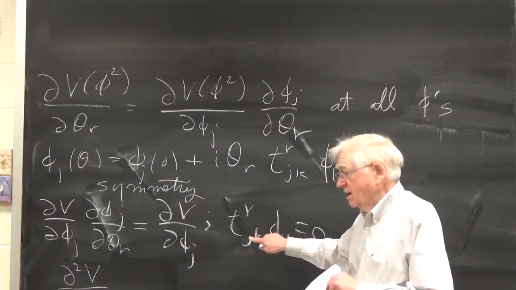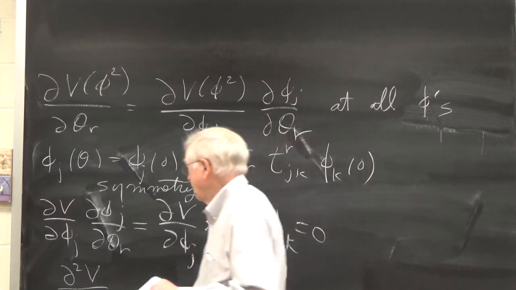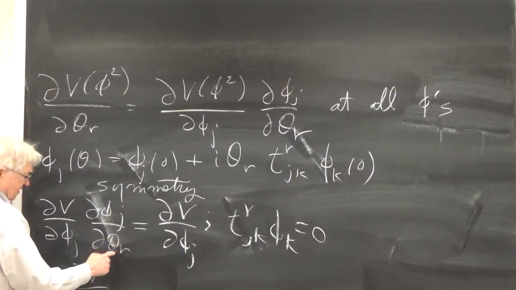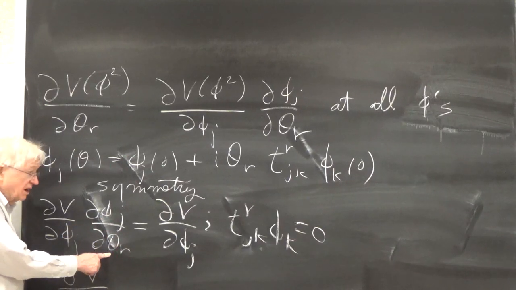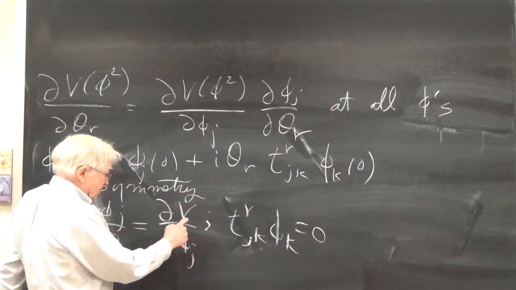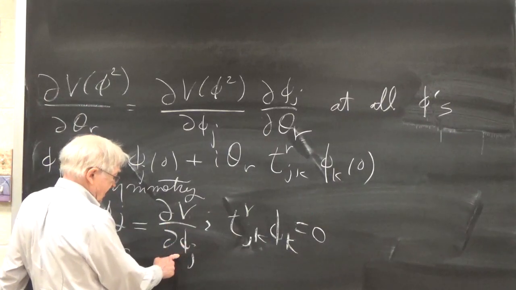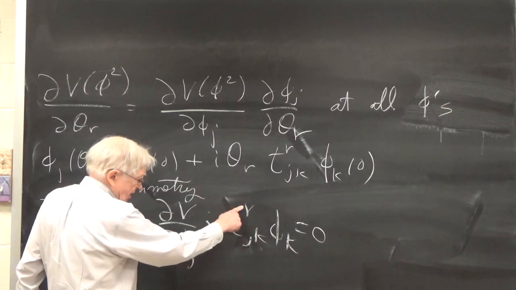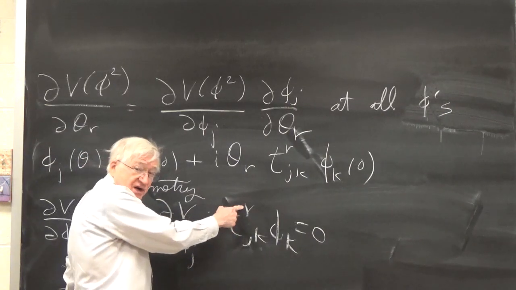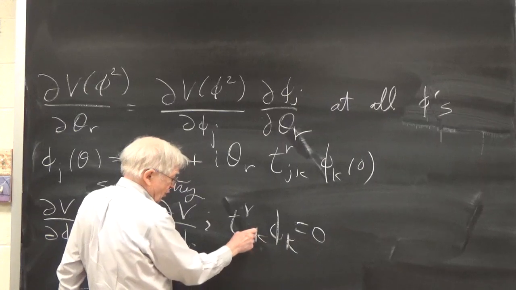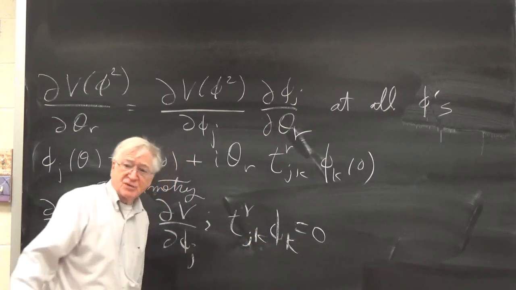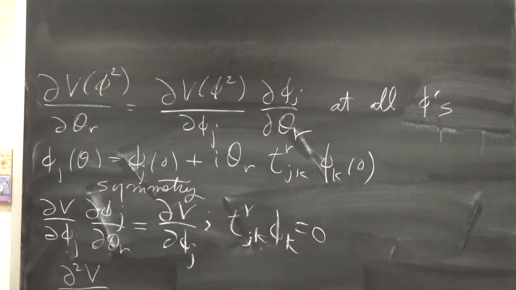I can't tell exactly what that equation, partial V with respect to phi j, has on the right-hand side. It's partial V, partial phi j, i T r, the rth Hermitian generator of O(N), matrix element jk phi k summed over k. So the left side, the whole thing, is 0.